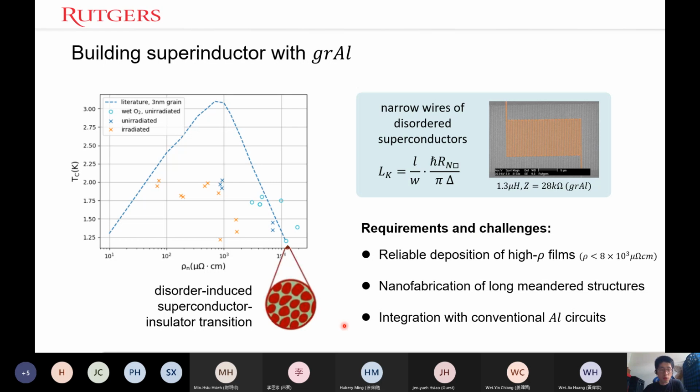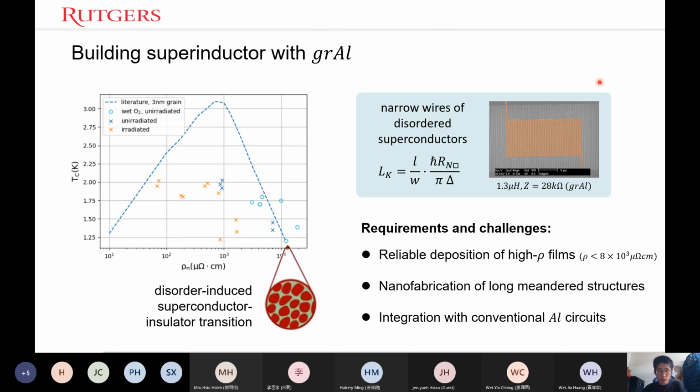This is an amorphous structure. It's not crystallized at all. I will later walk you through how we fabricate it. But at this point, let me quickly give you an idea about the material properties.